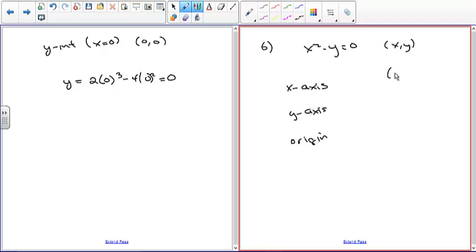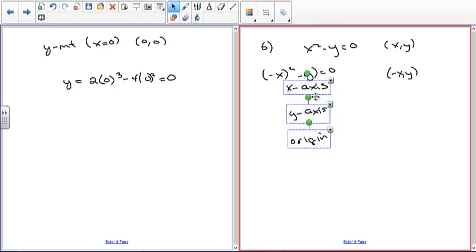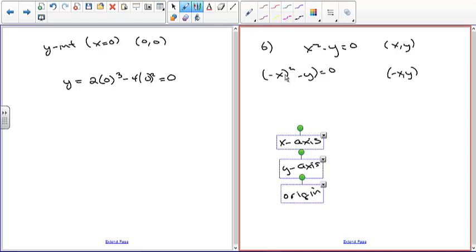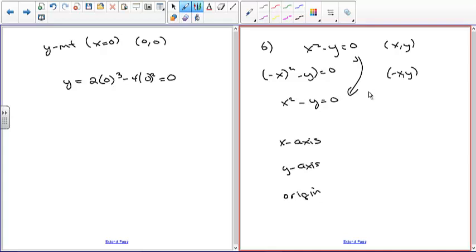Now if you substitute in minus x comma y into this equation, for x, you'll put in minus x. And you see that negative x squared is x squared. So quantity negative x squared is just x squared because negative times the negative is a positive. Here we still just have negative y, and you see these are the same. So because those are the same, it's y-axis symmetry.